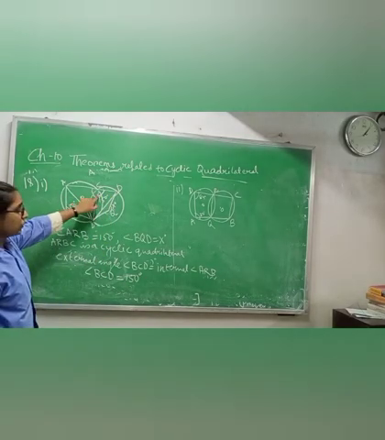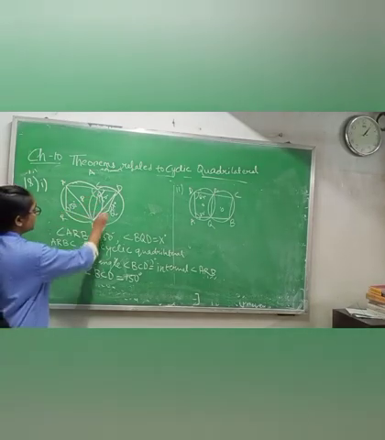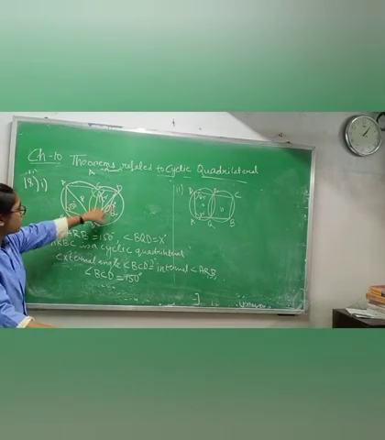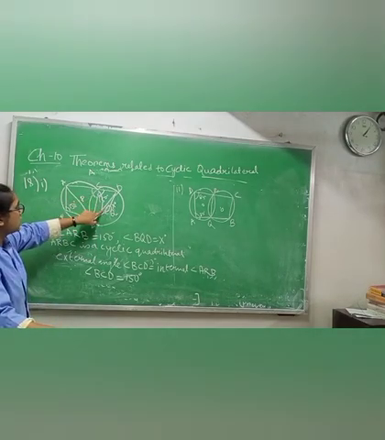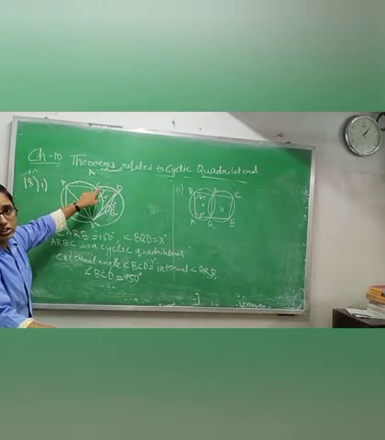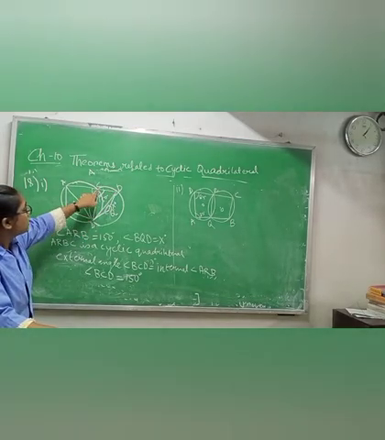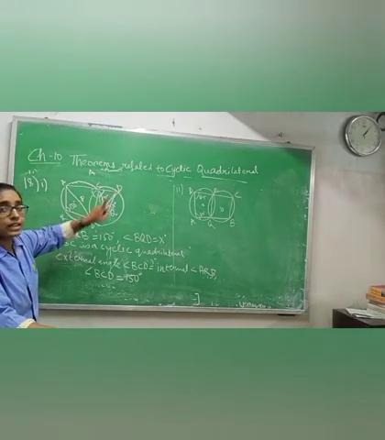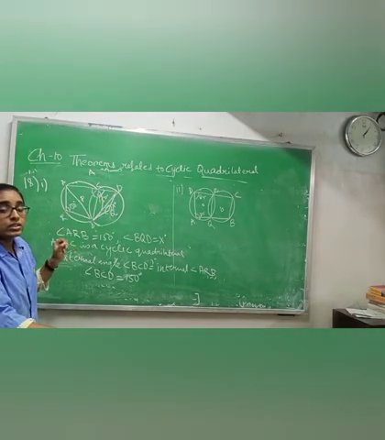If this one is 150 degree, what will be this angle? Can you see in this circle, the second circle, BQDC is a cyclic quadrilateral, and BCD is angle on the circle, and BQD is angle in the center.